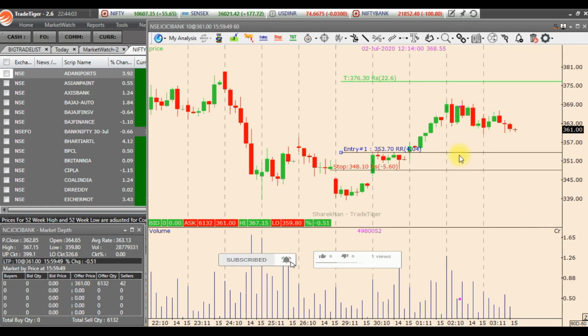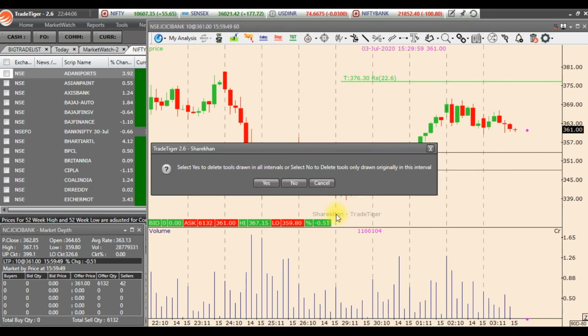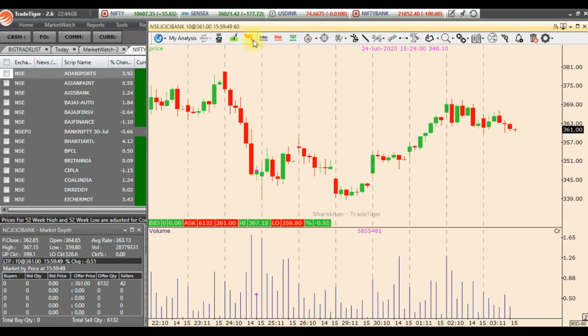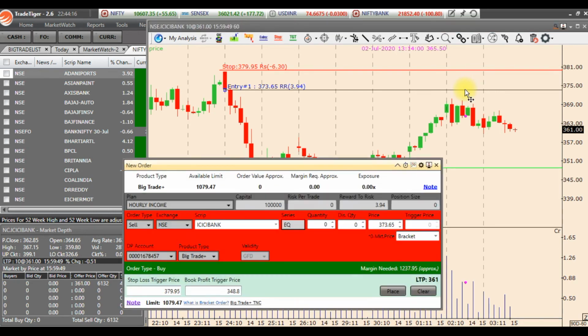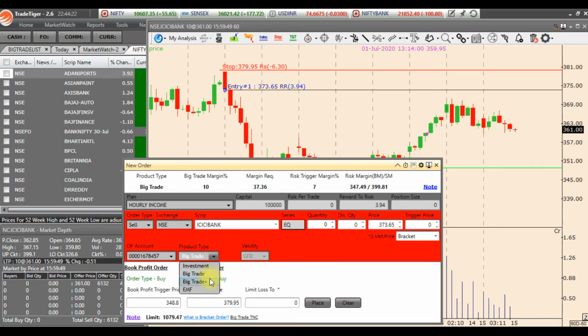Okay, the next example is, say you want to sell here with a stop loss at this level and the target at this level. Just go and double click, and then you can click either Big Trade or Big Trade Plus.